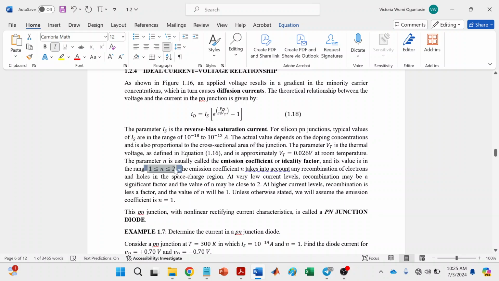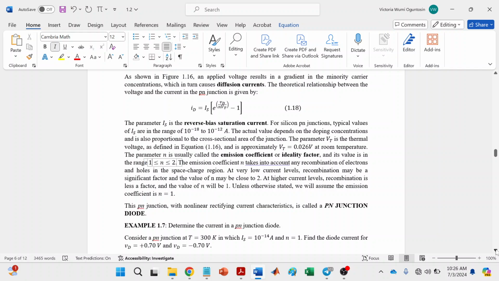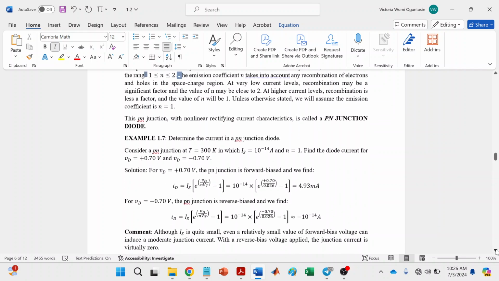In this class, we are going to be assuming that the emission coefficient is a value of 1, unless otherwise stated.